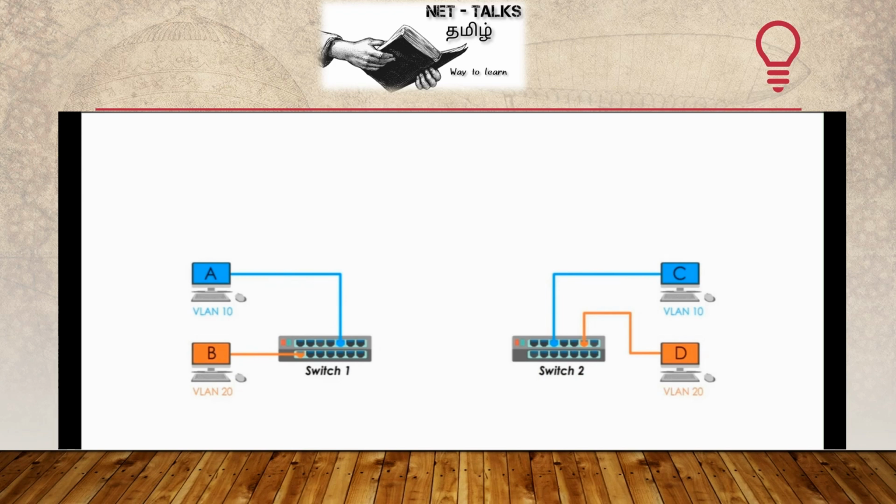Now we can see that A and B are isolated, and C and D are isolated. If I want to enable communication between A and C, and between B and D, I need a connection between these switches. The connection which needs to be enabled, that link is called a trunk.